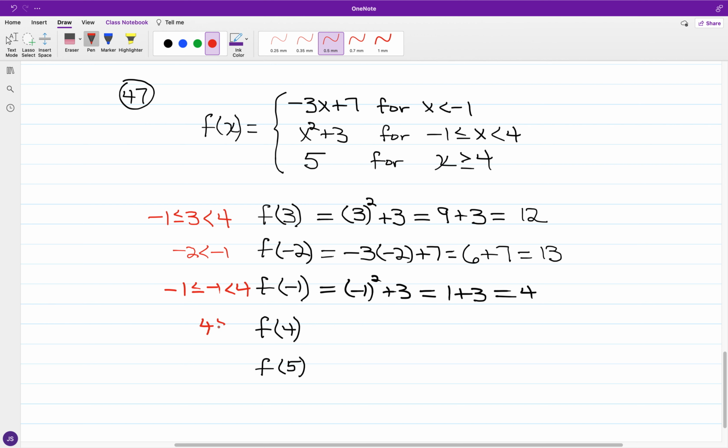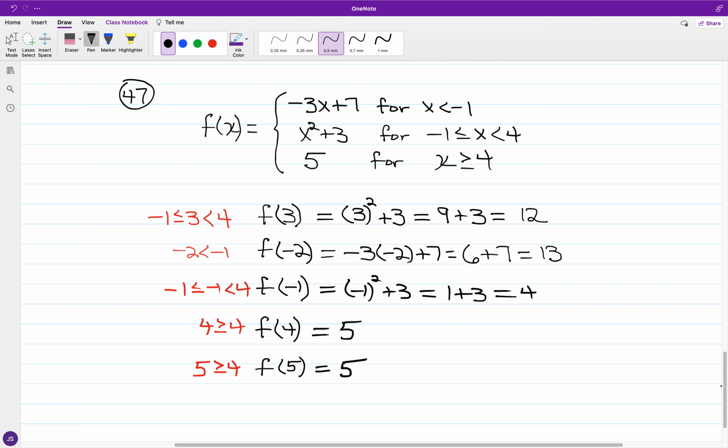So 4 is greater than or equal to itself, and for any value of x that is 4 or greater, the function value is going to come out to the constant value of 5. And for f of 5, we have this bit of history repeating. 5 is greater than 4, and that will belong to the last inequality statement, and the matching function value is 5. So just like f of 4, f of 5 is equal to 5.